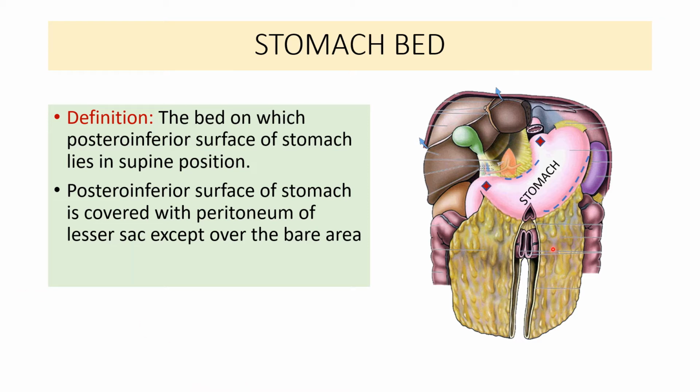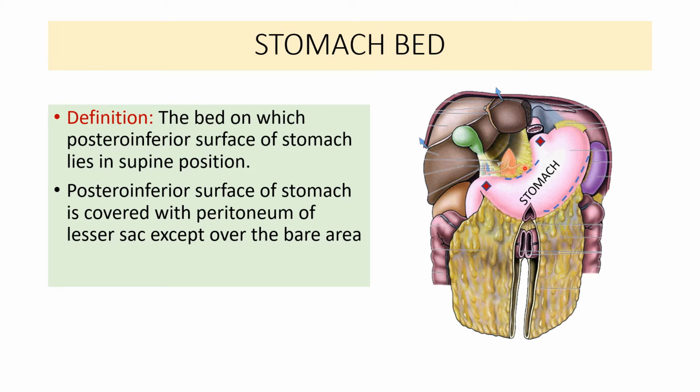In this picture you can see the anterosuperior surface of the stomach. The two ends, the esophageal end, and towards the duodenum the pyloric end, the lesser curvature towards the right and the greater curvature towards the left. You can see the peritoneal folds, the lesser omentum along the lesser curvature and the greater omentum along the greater curvature.